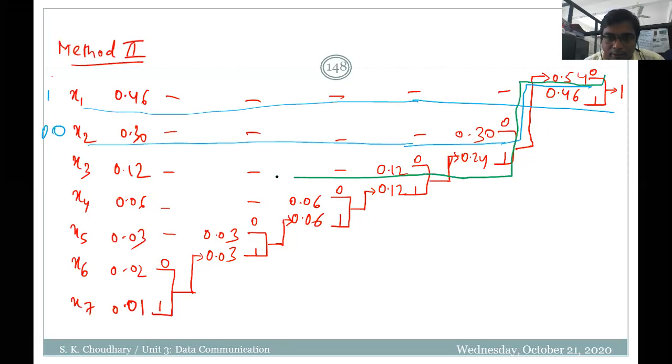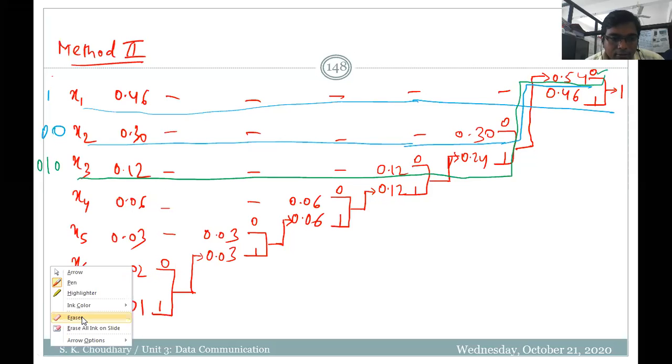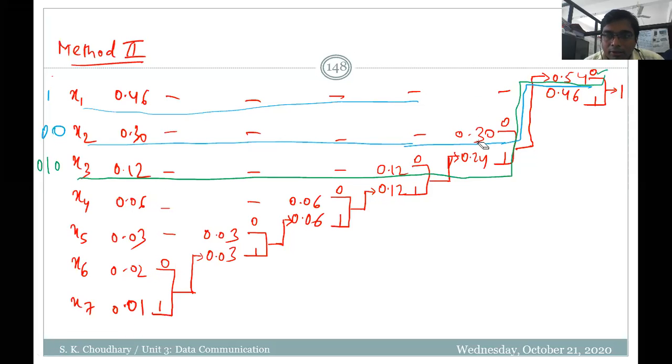Then again this is a straight line. This would be 0, then 1, and then 0. 0, 1, 0. This would be the answer for x3.